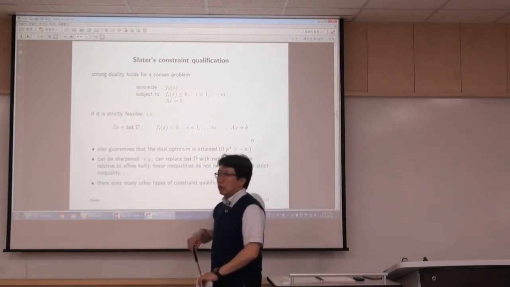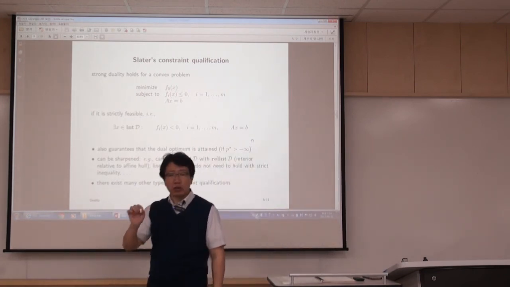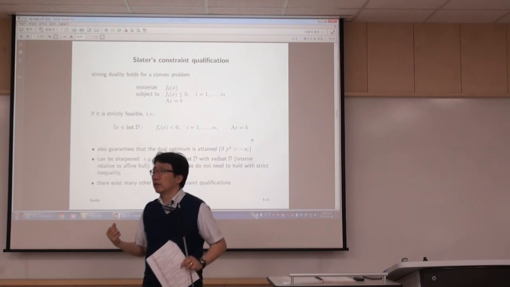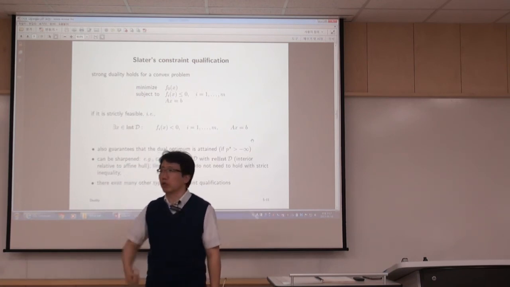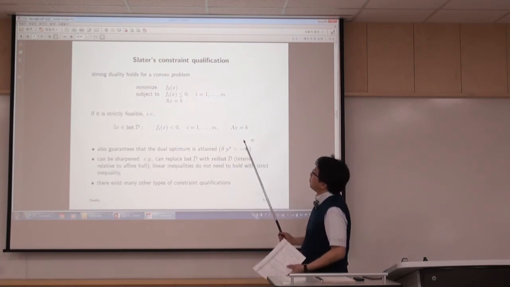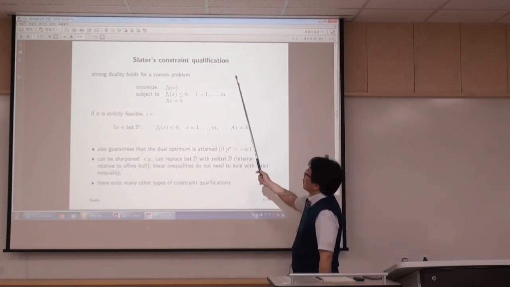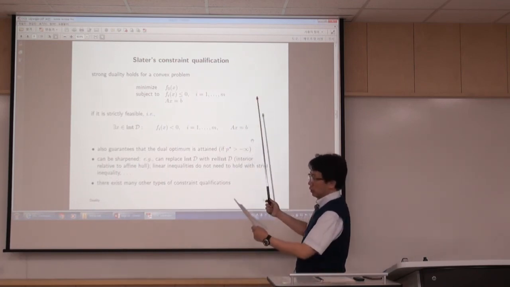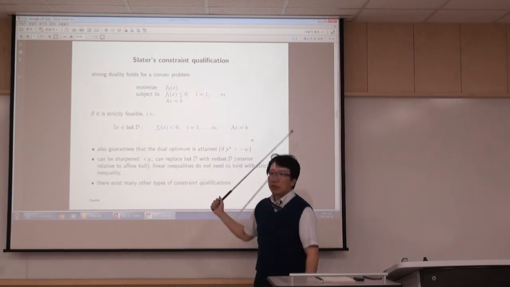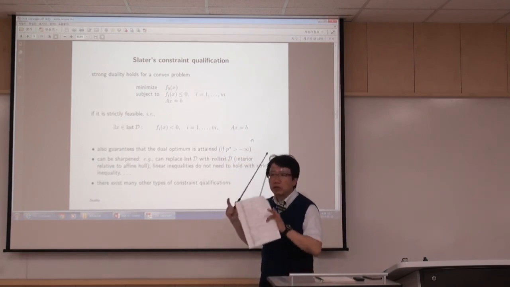So, for example, you check whether your primal and dual problem satisfies this one. And if this condition is satisfied, then you can say, okay, strong duality holds. Got it? Slater's constraint condition is, as I told you, a sufficient condition.